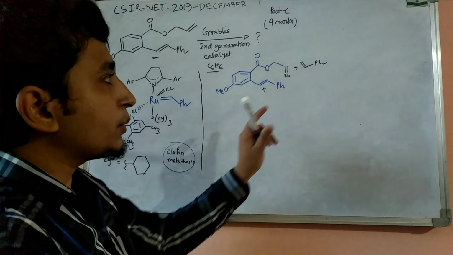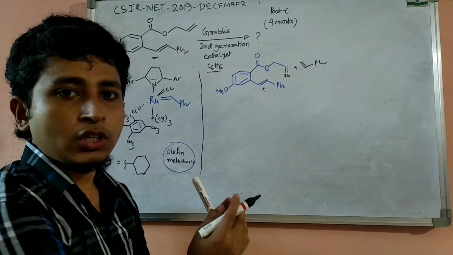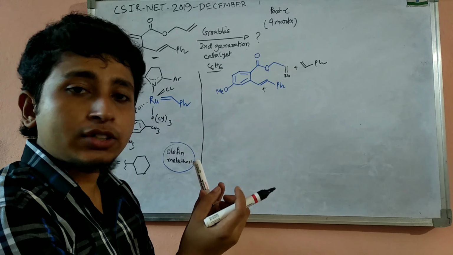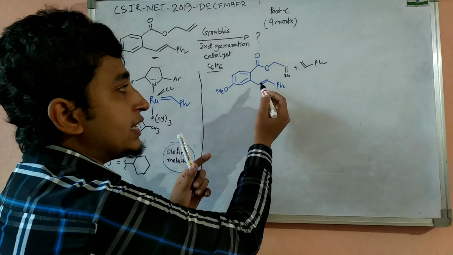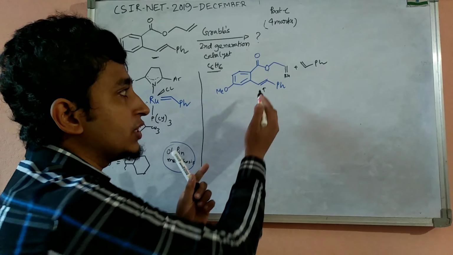Okay, and guys, you can see now this ruthenium is very close to this double bond. Though this double bond has less electron density, because the electron density moves towards the benzene ring, this double bond will react now because of the close proximity. So an intramolecular ruthenium catalyst will react with this double bond.